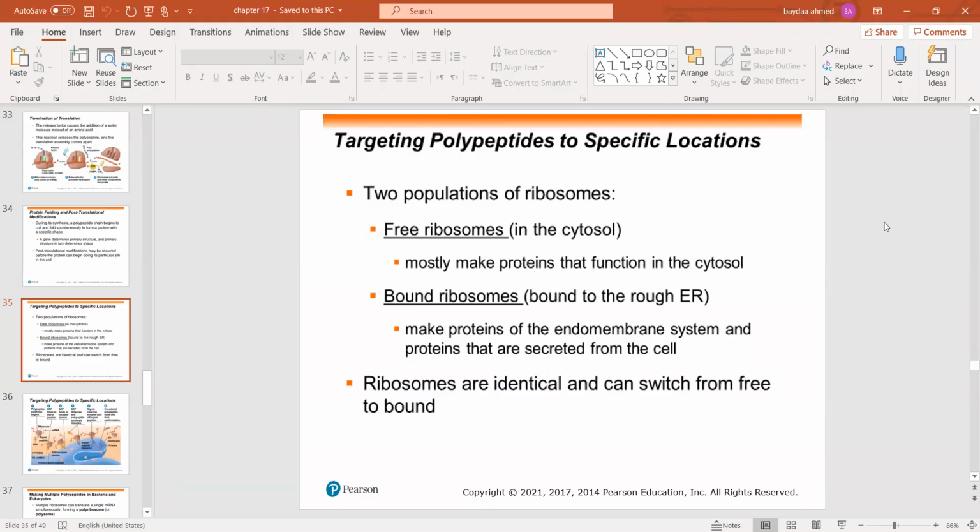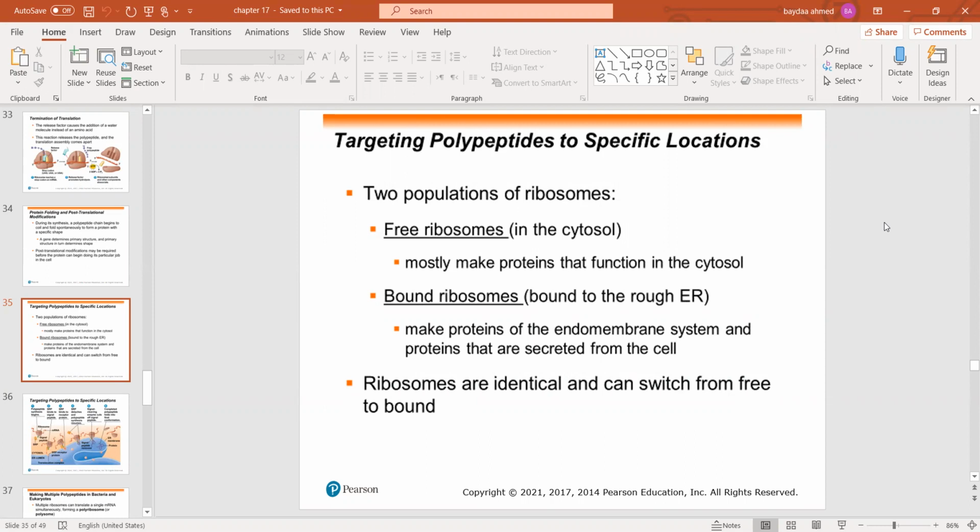In electron micrographs of eukaryotic cells active in protein synthesis, two populations of ribosomes are evident: free and bound. Free ribosomes are suspended in the cytosol or cytoplasm and mostly synthesize proteins that stay in the cytosol and function there. In contrast, bound ribosomes are attached to the cytosolic side of the endoplasmic reticulum or to the nuclear envelope.